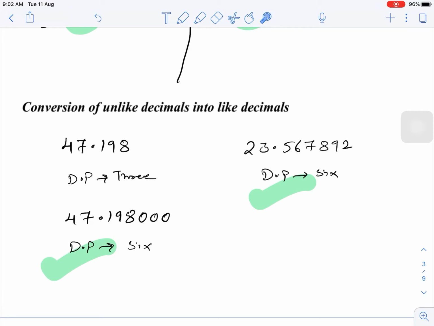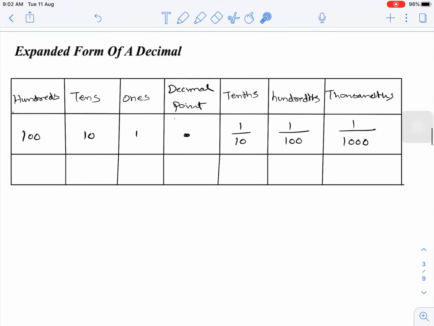Okay, now the next topic is writing the expanded form of a decimal. We have learned in the previous classes how to write the expanded form of a number. Now in decimal numbers, we know that the decimal divides the given number into two parts. The right part is known as the decimal part, and the left part is known as the whole part.